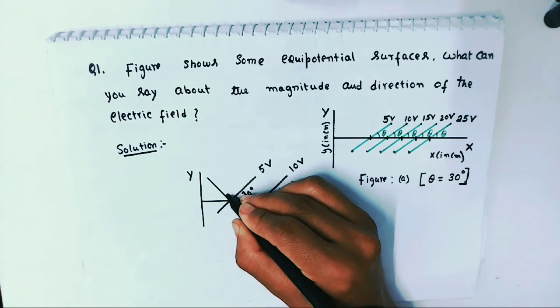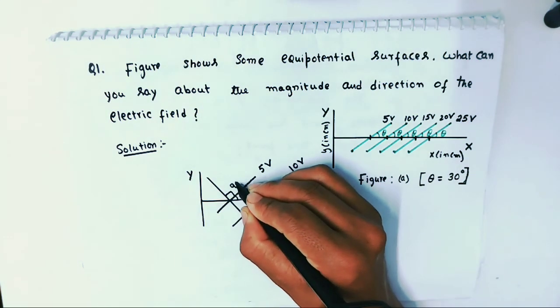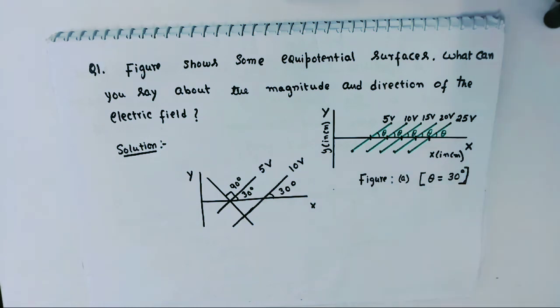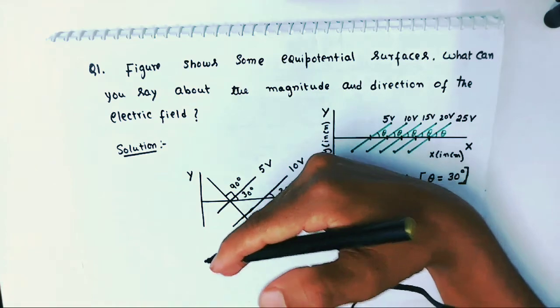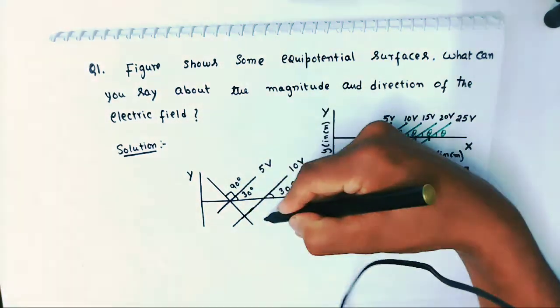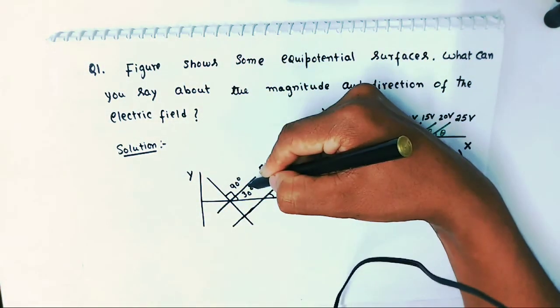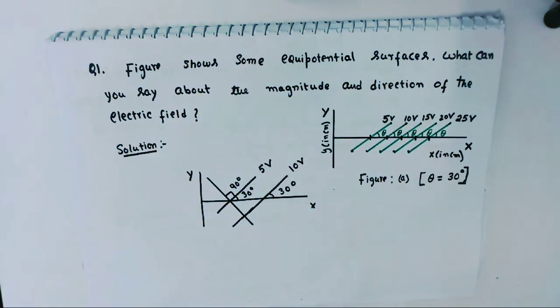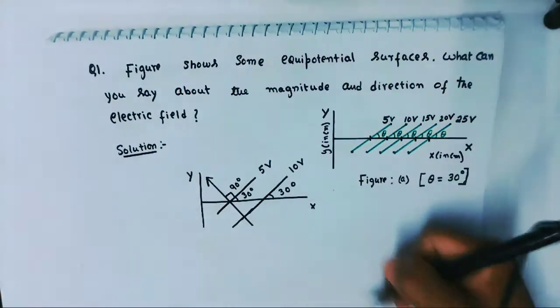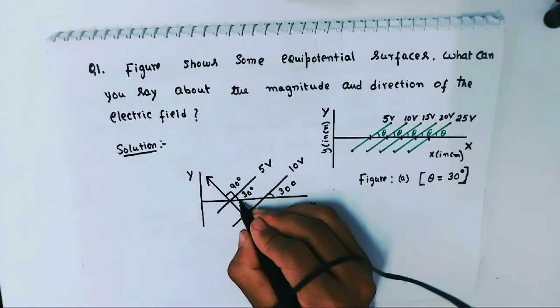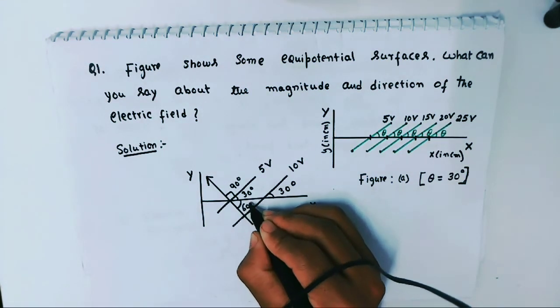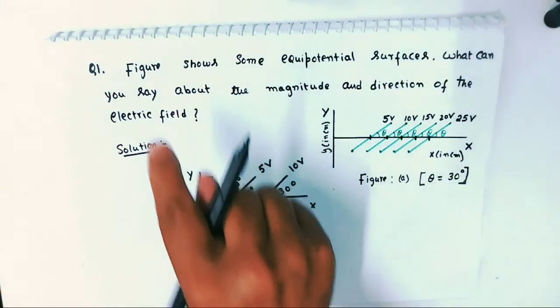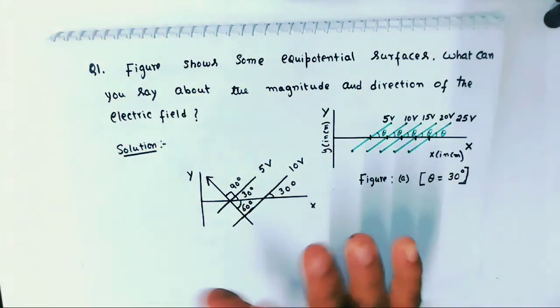Remember that this angle is 90 degree, and as I have mentioned earlier, the potential keeps on decreasing in the direction of electric field. So as we go from here in this direction, the potential decreases from 10 volt to 5 volt. So where is the direction of the electric field? It is in this direction, and this angle is 60 degree. This is the answer to this question.